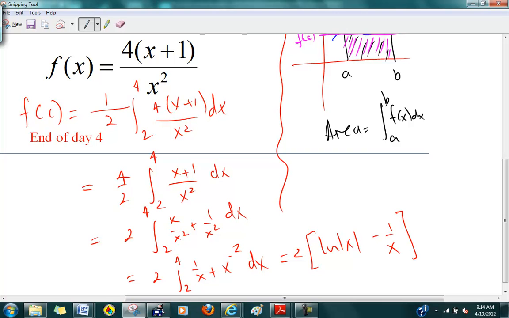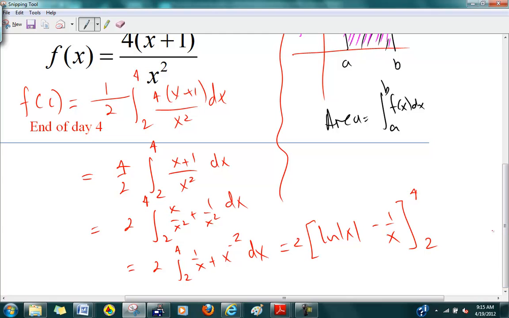Okay. Using the power rule, remember you increase the exponent by 1 and divide by the new number. So you increase negative 2 by 1, gives you a negative 1, you divide by negative 1. And x to the minus 1 is 1 over x. And then you're going to just plug in your numbers. So you get ln 4 minus a quarter, and minus ln 2 minus a half.